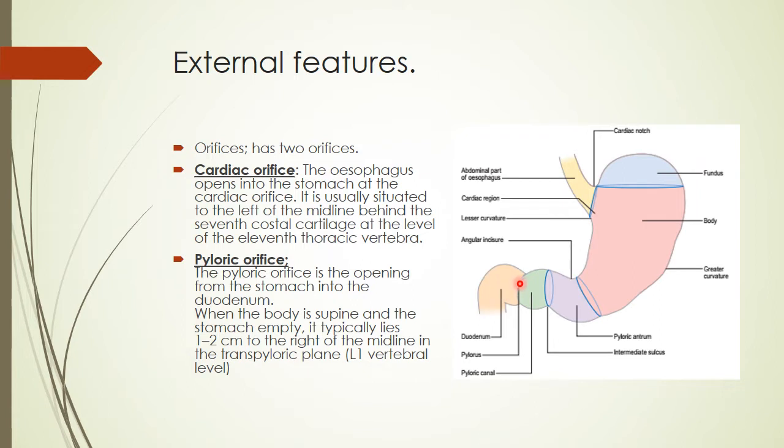The pyloric orifice is located at the level of first lumbar vertebra, that is transpyloric plane, and it lies in this position when the body is supine and the stomach is empty, and it lies 1 to 2 centimeter right to midline in the transpyloric plane.